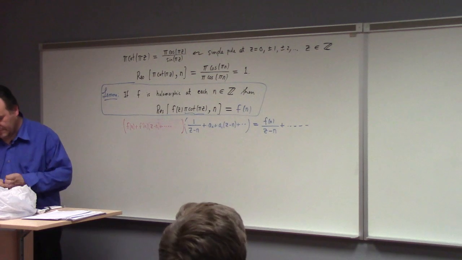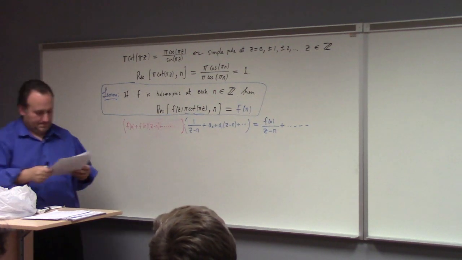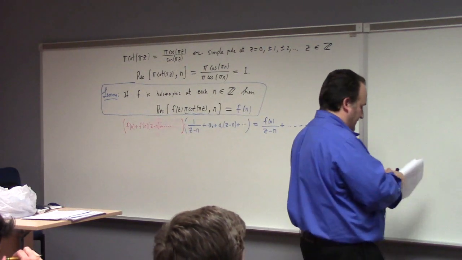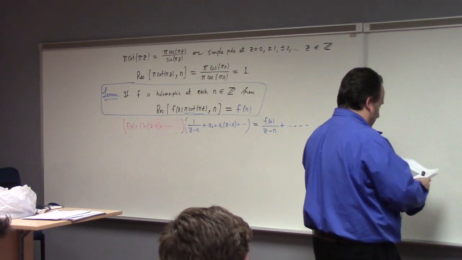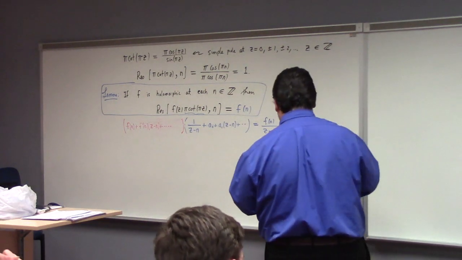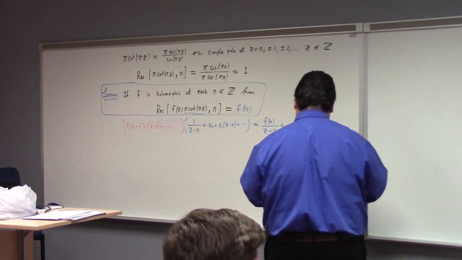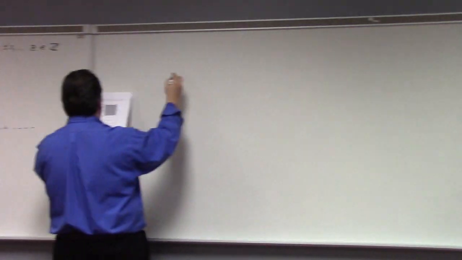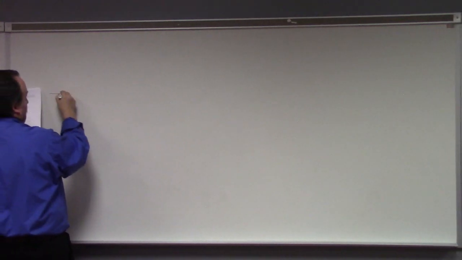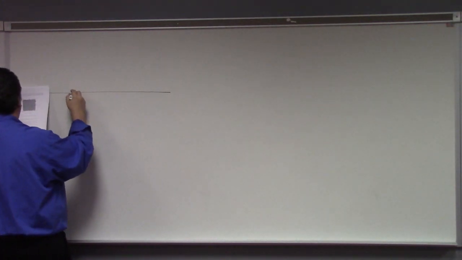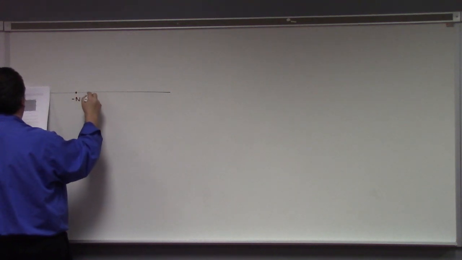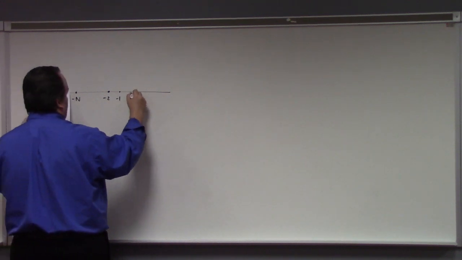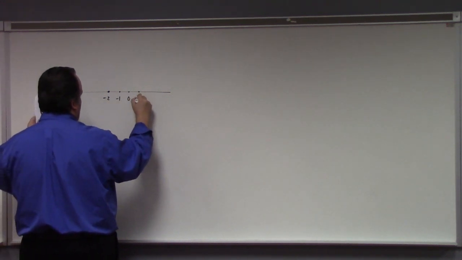All right, so let me show you the trick. The trick, if I can find it, is to consider a square that looks something like this. So we've got, here is minus n, and eventually we get that minus 2, minus 1, 0, 1.